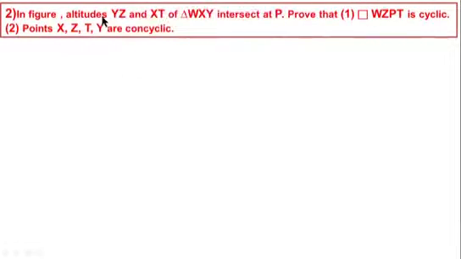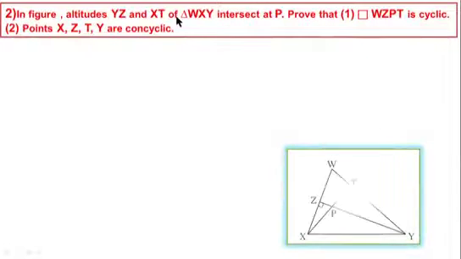Example 2. In the figure, altitudes XZ and XT of triangle WXY intersect at P. Prove that first, quadrilateral WZPT is cyclic. 2. Points X, Z, T, Y are concyclic. See this figure.